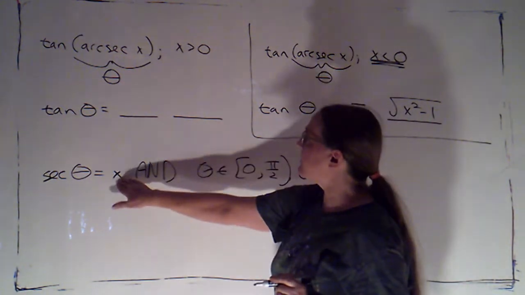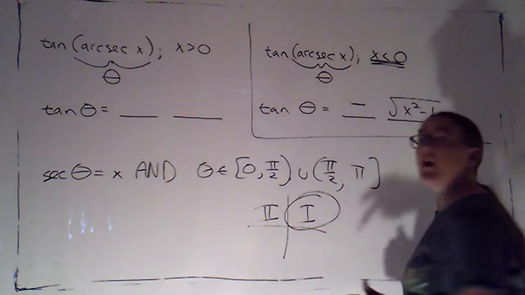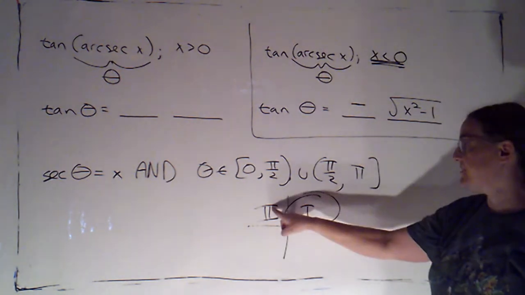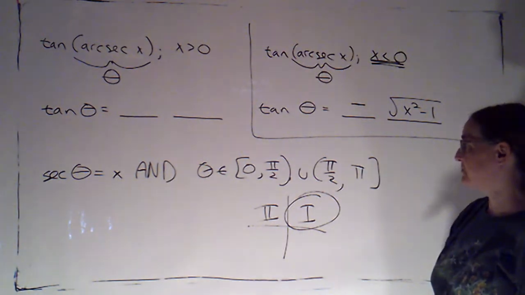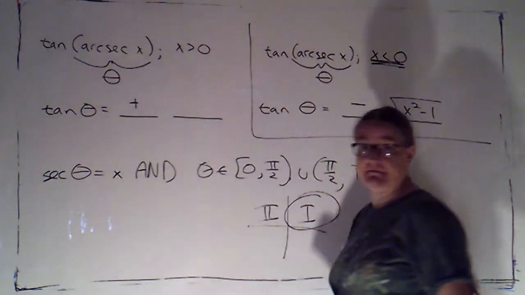But this time, x is representing a positive number. And if it's positive, that's going to put us in quadrant 1, because secant would be positive in quadrant 1. We saw it was negative in quadrant 2. Okay, so I know we're in quadrant 1, which is going to make tangent positive.